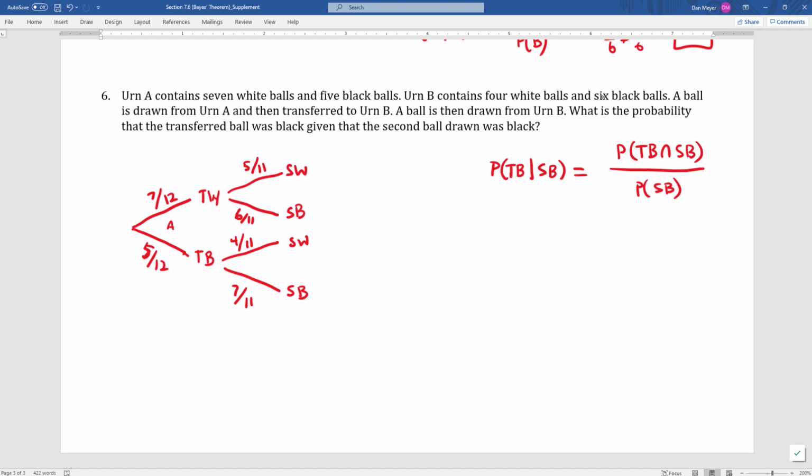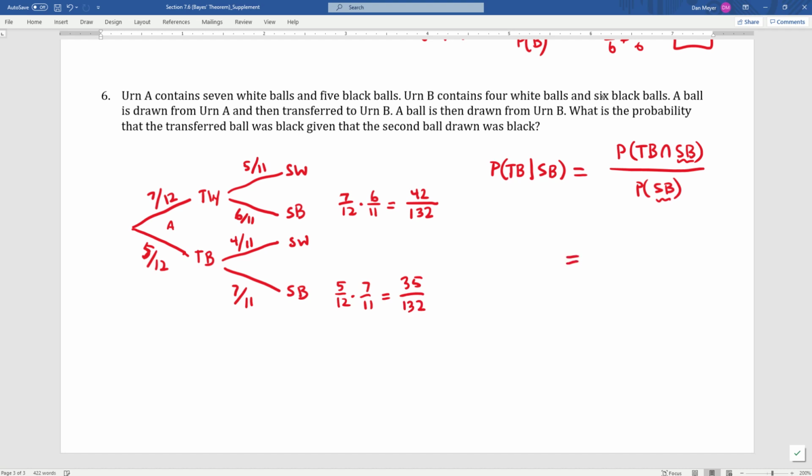Since our conditional event here is second ball black, we're going to be looking down the branches where the second ball was black. Here we have 7/12 times 6/11, which gives 42 over 132. And on the lower path, our second ball black would be 5/12 times 7/11, which is 35 over 132.